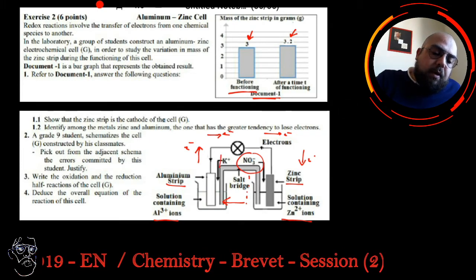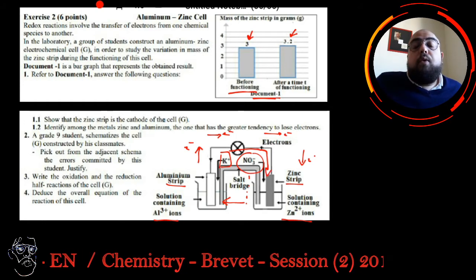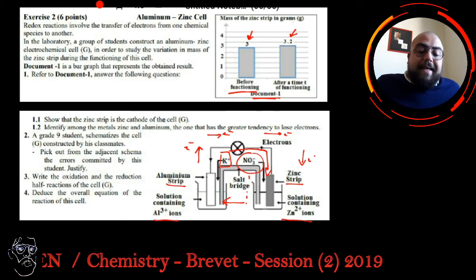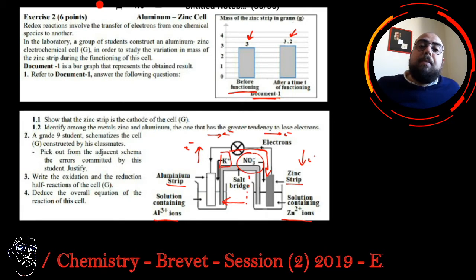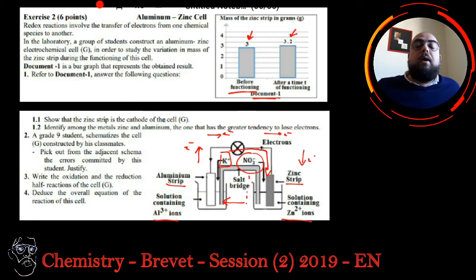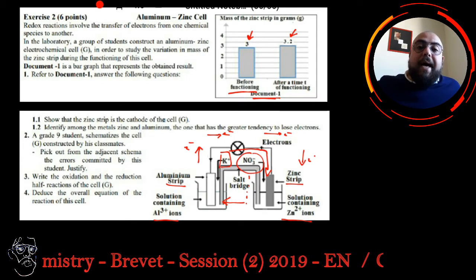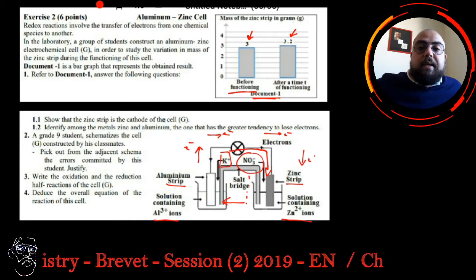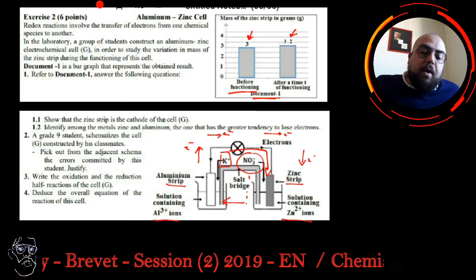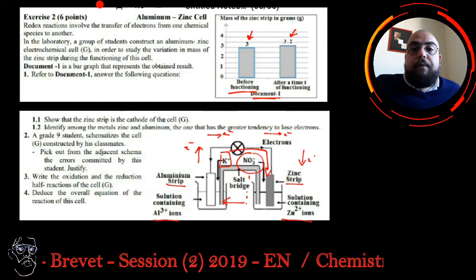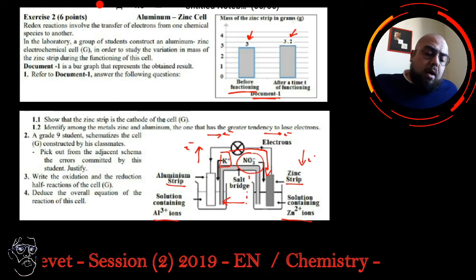As for K plus, it should be moving towards the cathode part, since Zn2+ is being transformed to Zn, so the positive charges are decreasing in the solution. I need to find equilibrium. That's why K plus should migrate to this part of my cell. So these are the two errors.